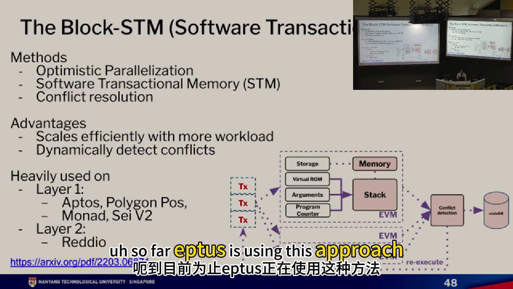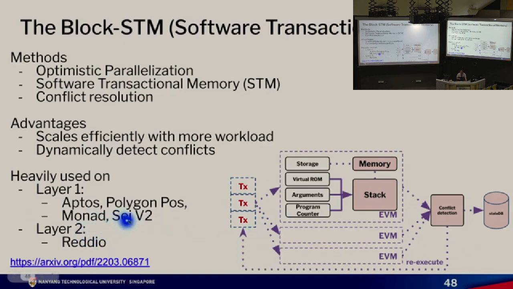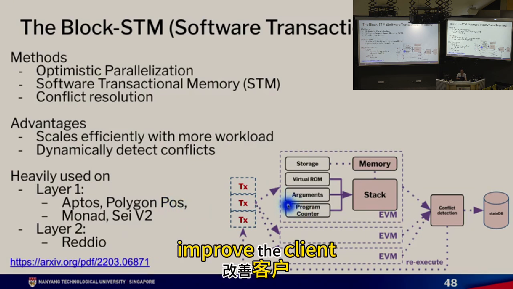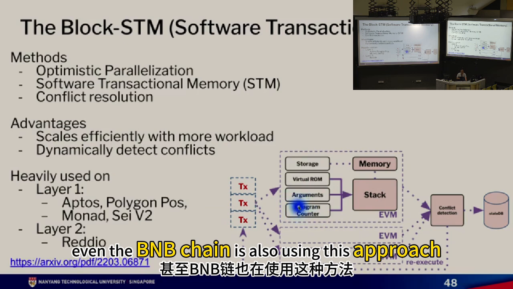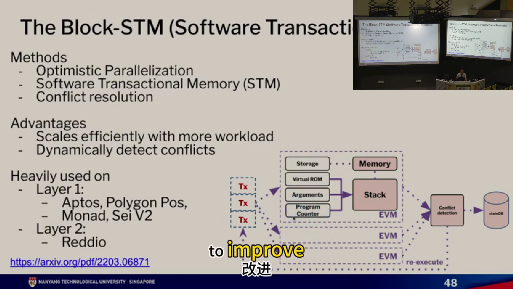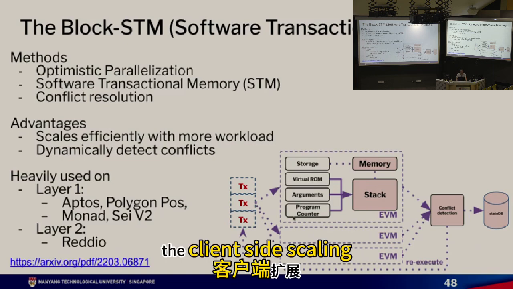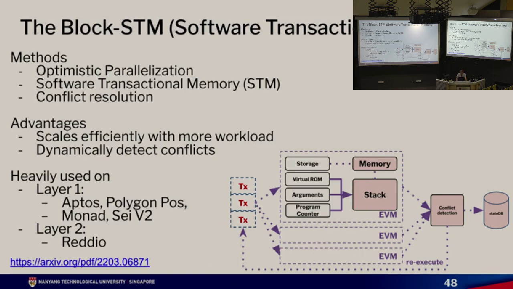So far, Aptos is using this approach. Polygon PoS, the layer ones or sidechains are using this approach too when they improve the client. Even the BNB chain is also using this approach to improve client-side scaling.